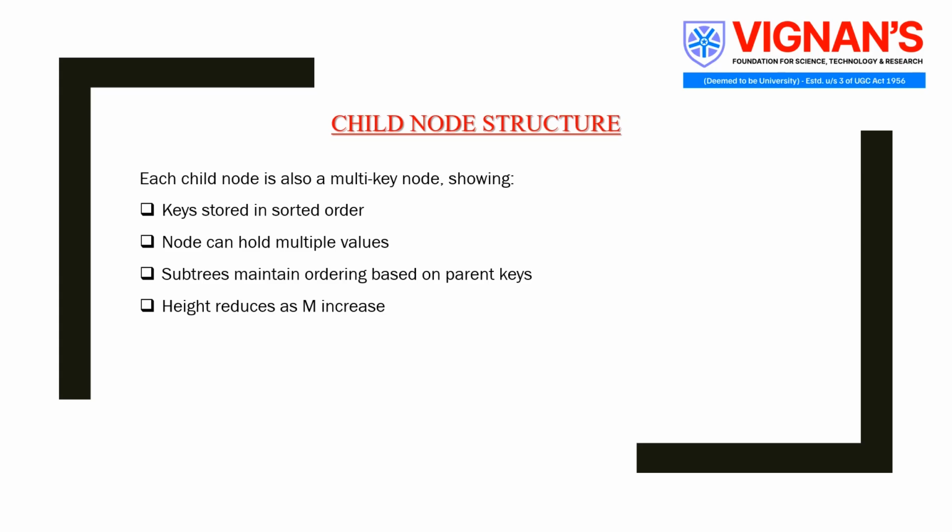A larger branching factor means fewer levels, which directly improves search efficiency. Additionally, each child node maintains the same ordering rules that the parent node follows. So, the keys inside each subtree remain correctly organized based on the key ranges defined by the parent. This structural consistency across all levels is what ensures the efficiency and balance of M-way search trees.